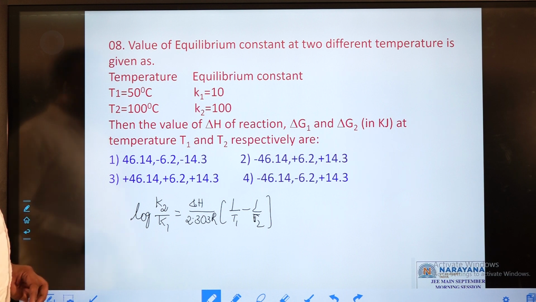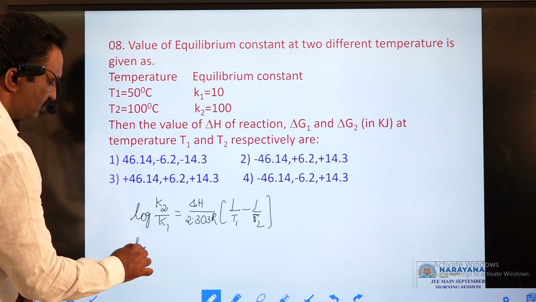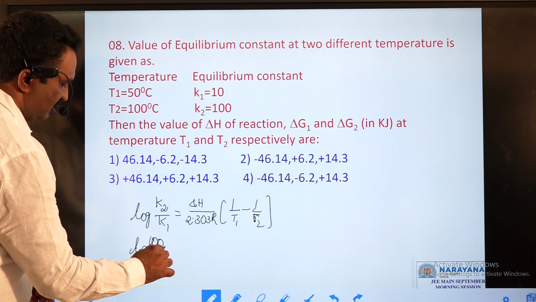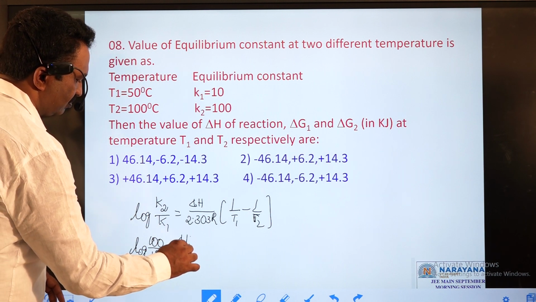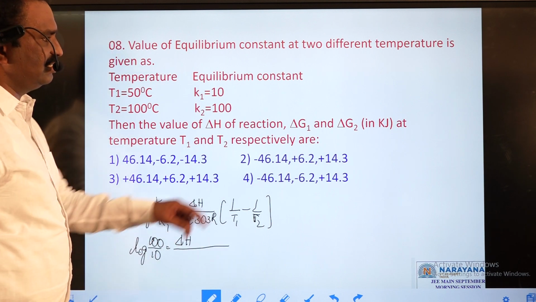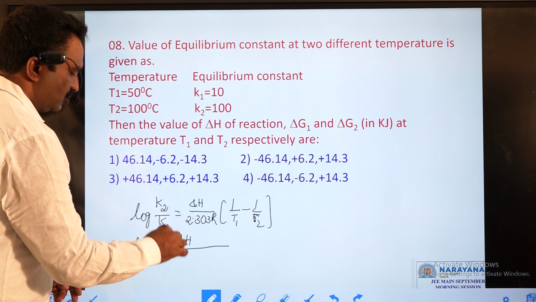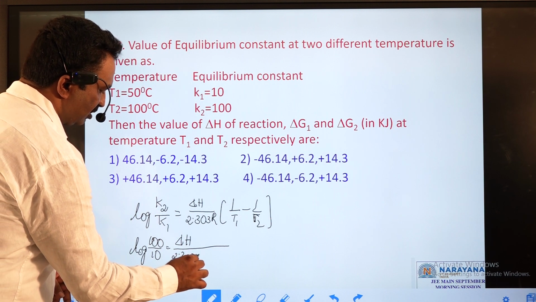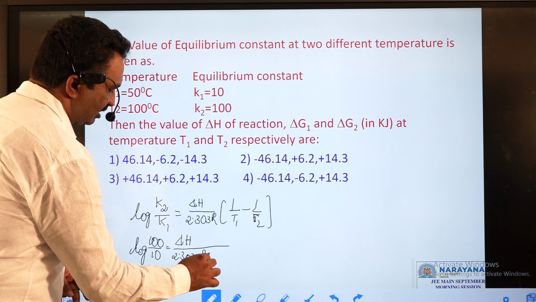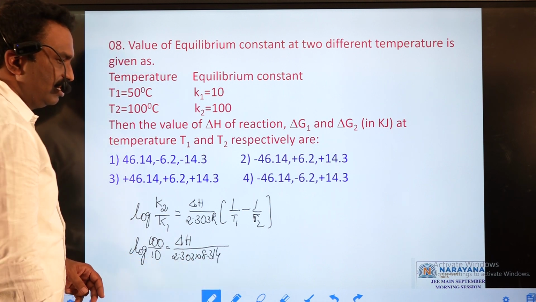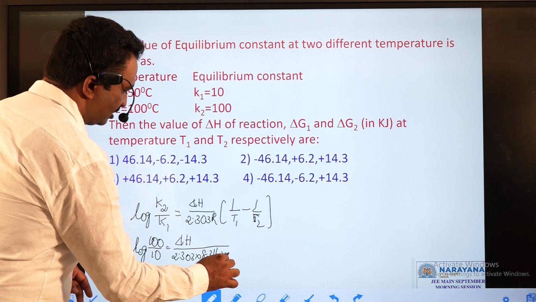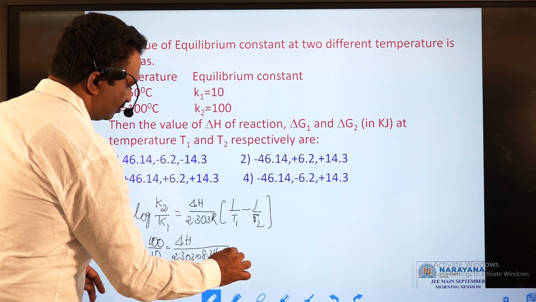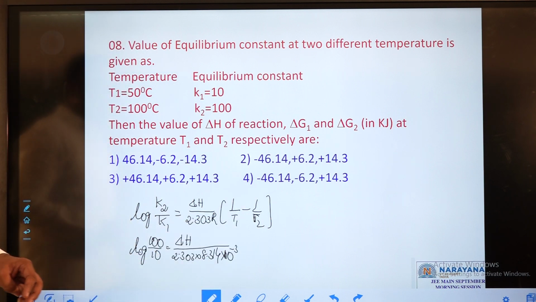Now you can see it was given log 100 by 10 is equal to delta H. We need to find delta H in kilojoules per mole. So the R value in joules is 8.314; to convert into kilojoules, I write 10 to the power minus 3, into T1.